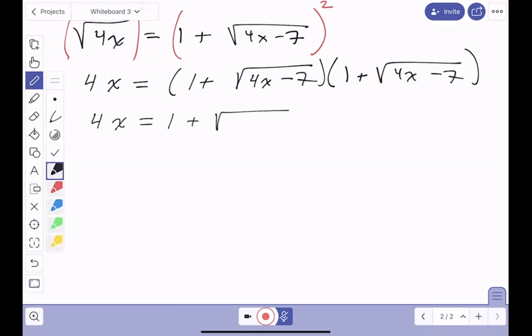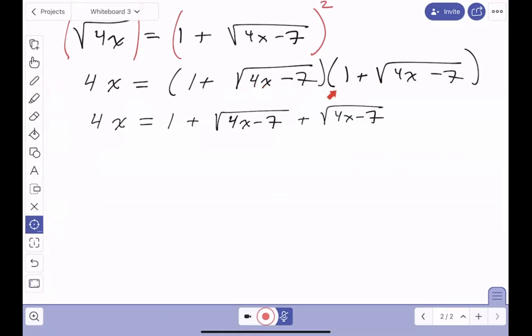It's work too, right? Let's keep going. This thing times this. Well, that's not so bad. And yes, it's a lot of work. This thing times this thing. Well, that's pretty simple. That's just simply 4x minus 7.